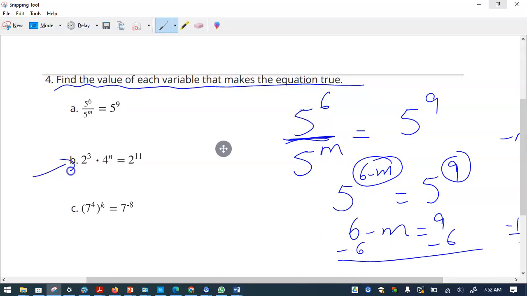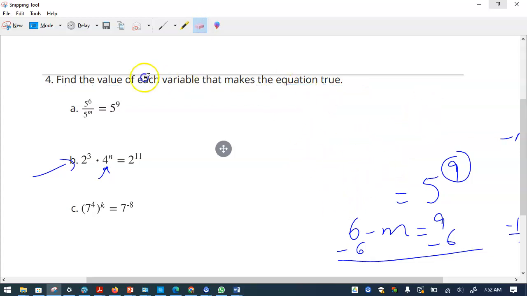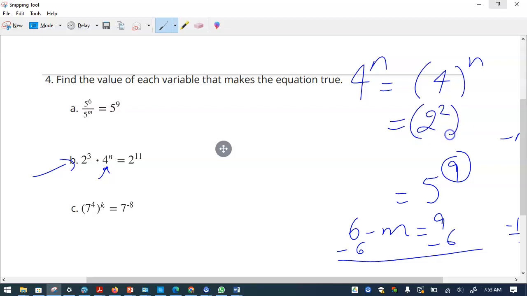The second one is a little confusing, but look at this: 2 raised to 3 times 4 raised to n, and the right side is 2 raised to 11. First of all, what is 4 raised to n? We can always write it this way. See, this 4 is the same as 2 raised to the power 2.